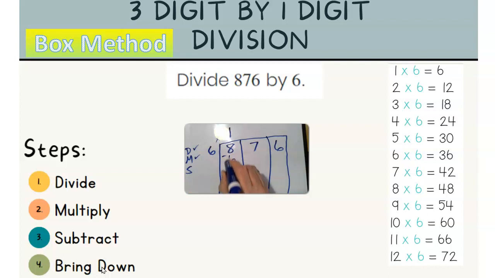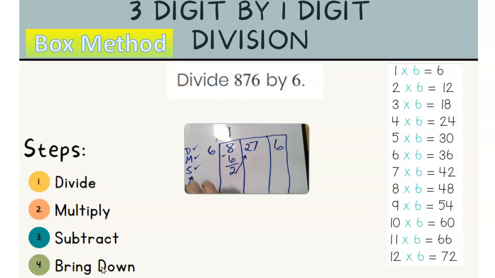Still going to subtract. 8 minus 6 equals 2. Instead of bringing down a number, the only difference with the box method is we actually take this number and instead of bringing a number down, we bring this number up. So that 2 is going to go right up here in front of the 7.